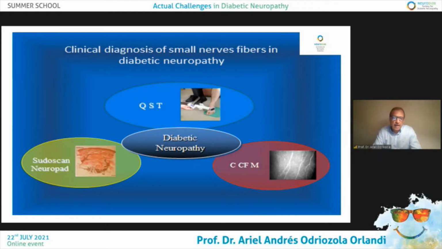And on the other hand, we have the functional tests to know about the alterations in the small nerve fibers.